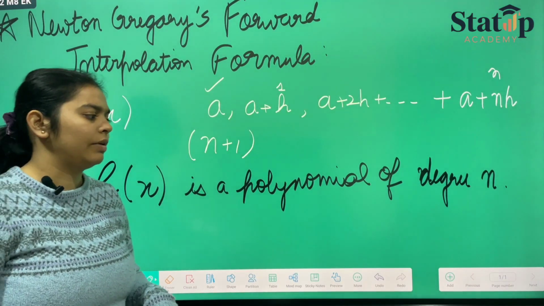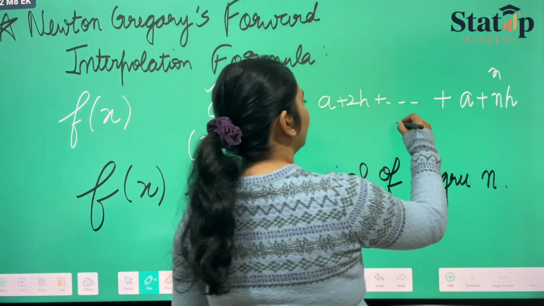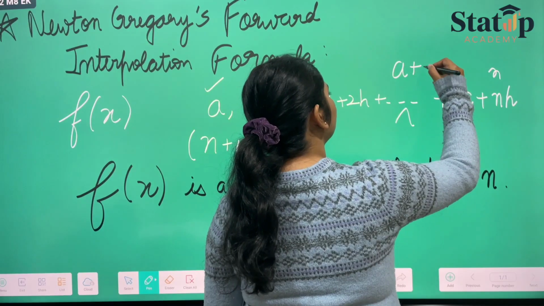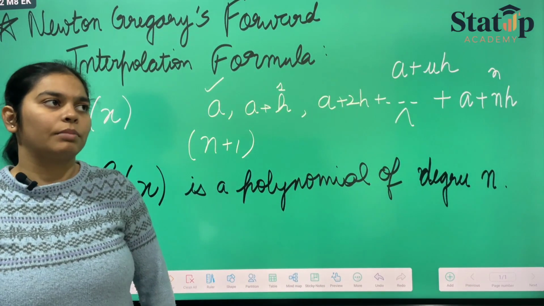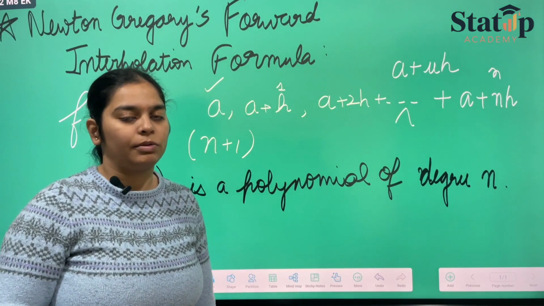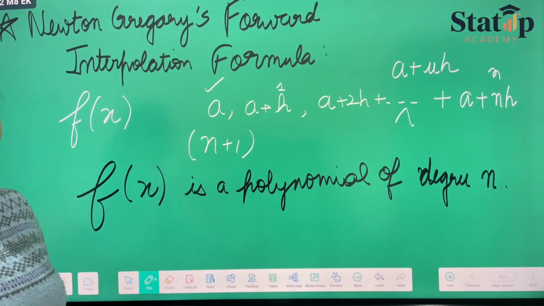Suppose we have to find a value which lies somewhere in between, a plus uh, where u lies between the given points.